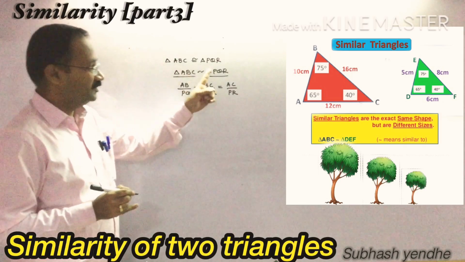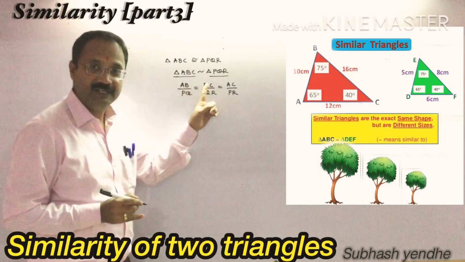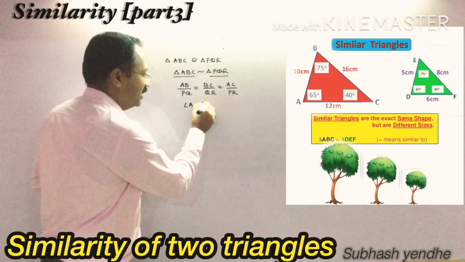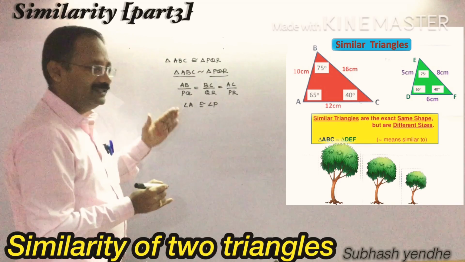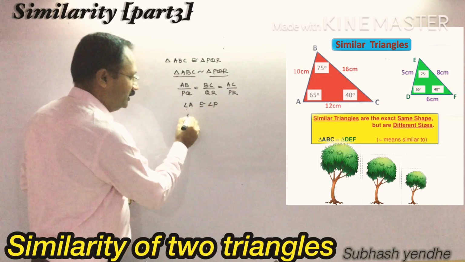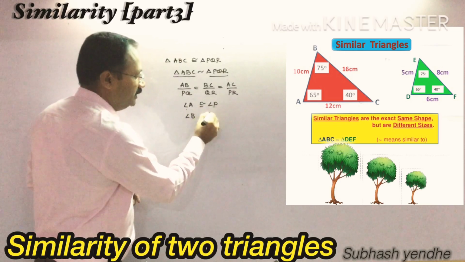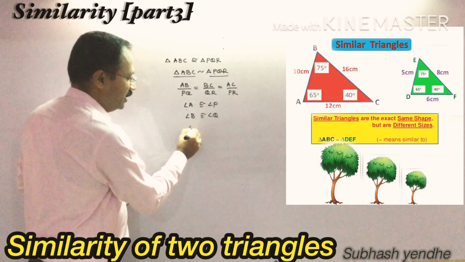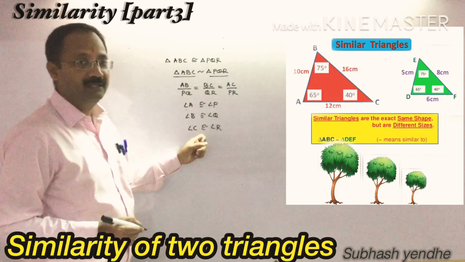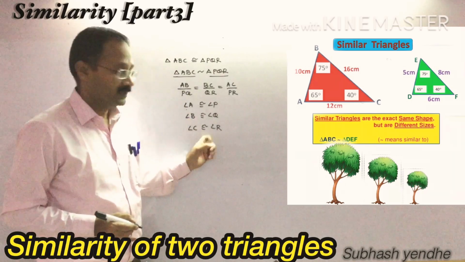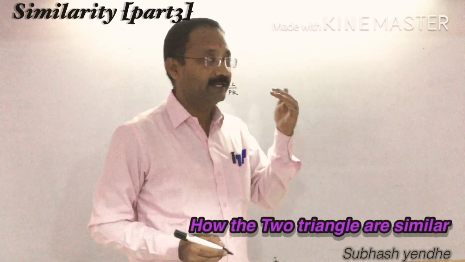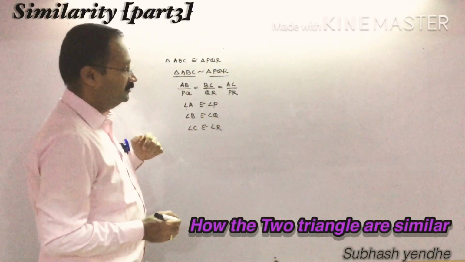If the triangles are similar, then sides are in proportion, and corresponding angles are congruent. Angle A is congruent to angle P, angle B is congruent to angle Q, angle C is congruent to angle R.